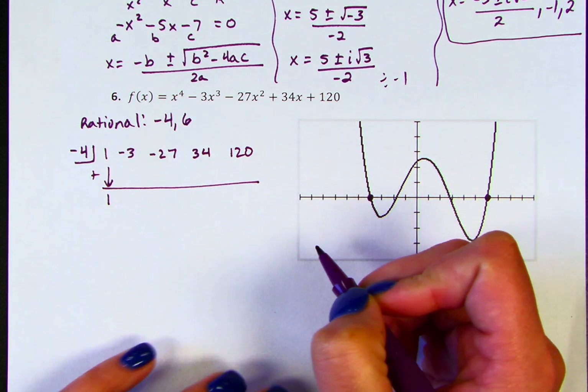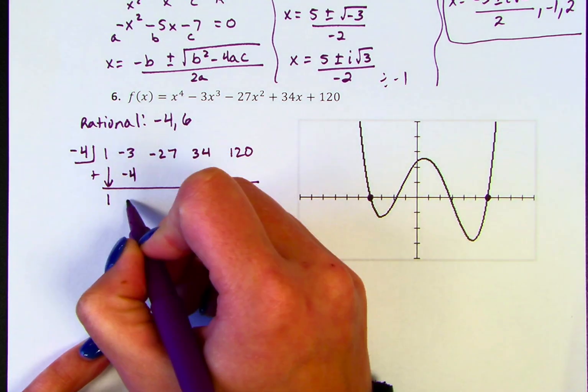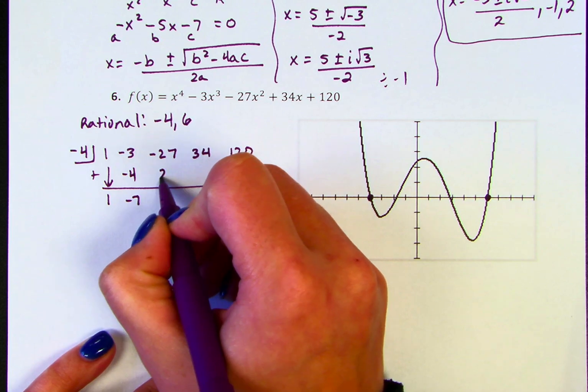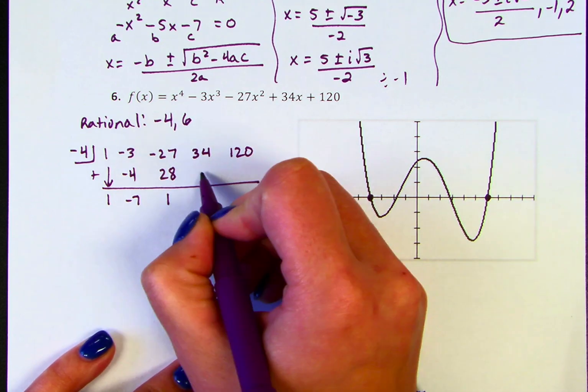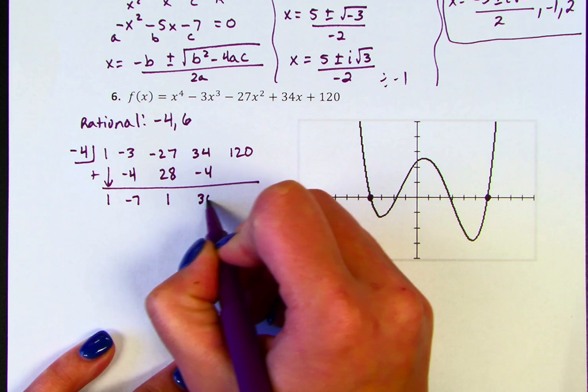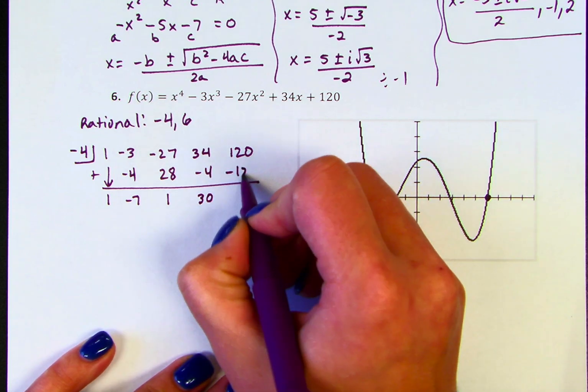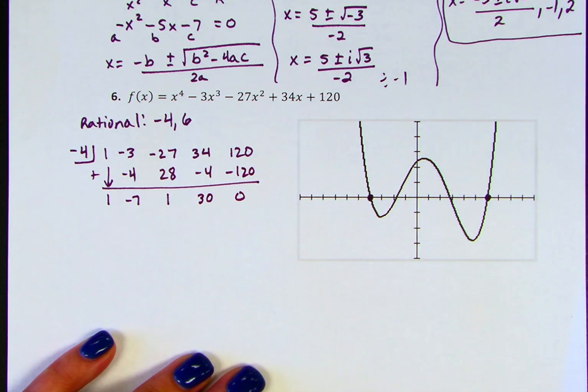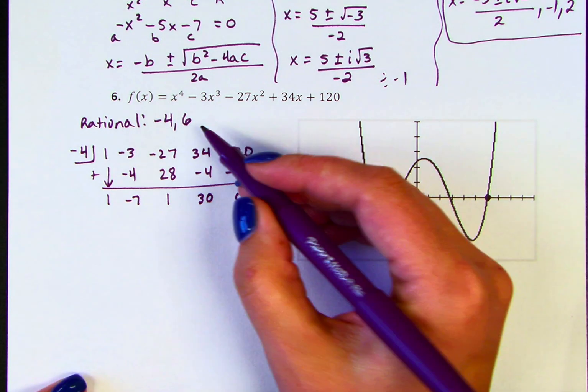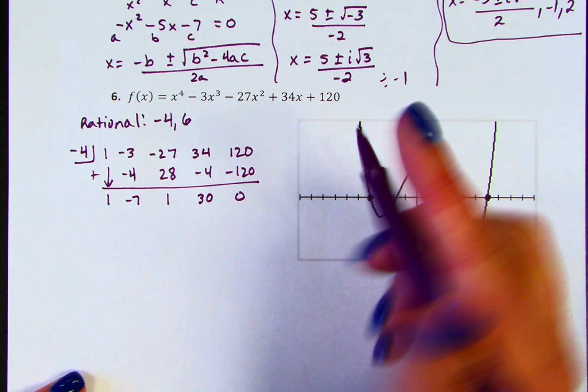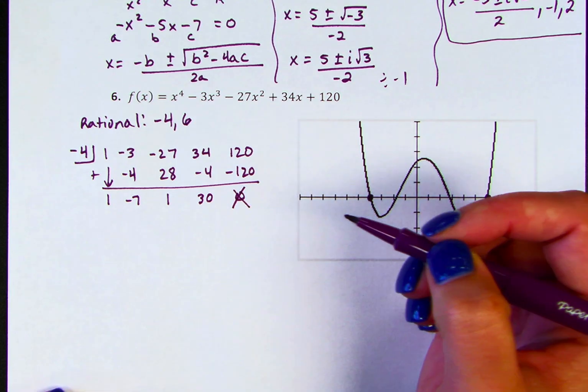So again, we're just doing our synthetic division. So if you need to pause the video, go ahead and pause. And I should be getting that 0 remainder, so I did. So now I'm going to take my second answer and divide it into this, crossing off the remainder.